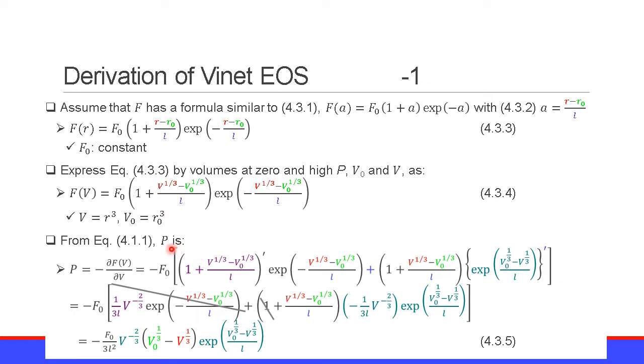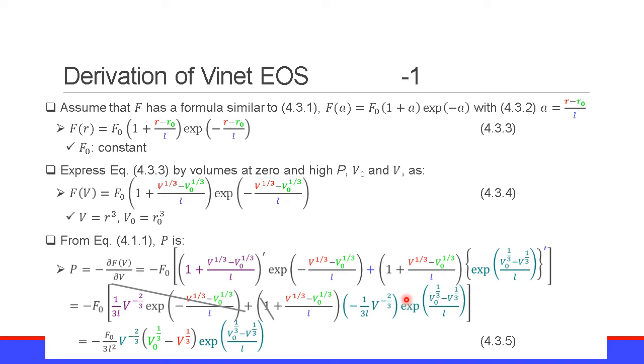Then we obtain pressure by differentiating Helmholtz free energy with respect to the volume V and multiplying by a minus sign, which is equal to minus F0 times the derivative of the former factor times the latter factor plus the former factor times the derivative of the latter factor.